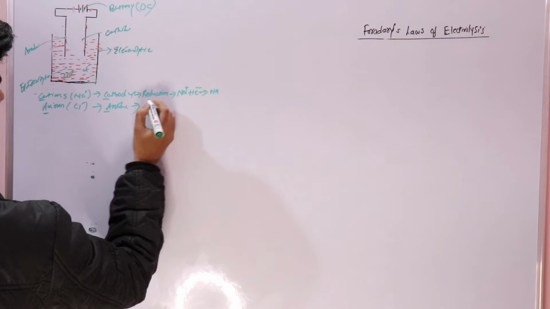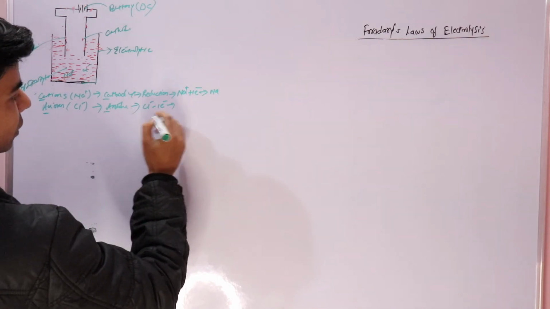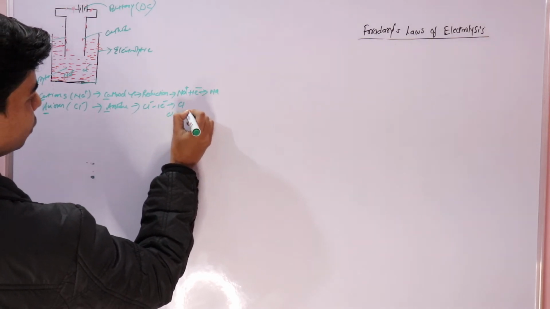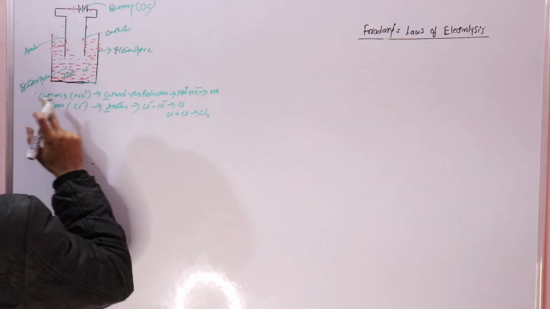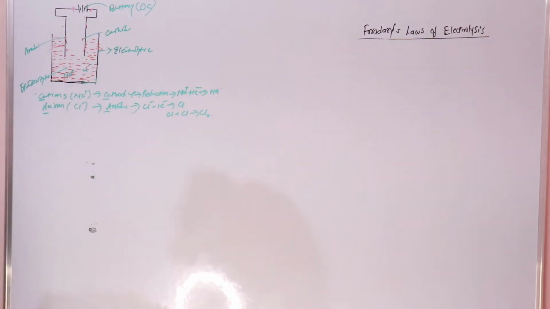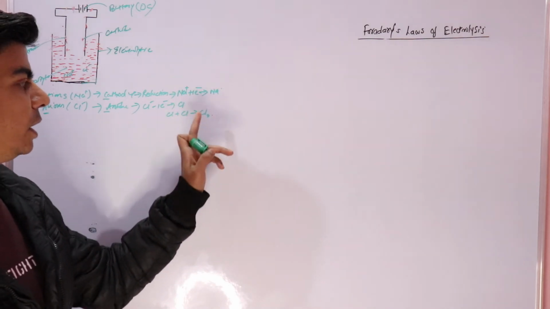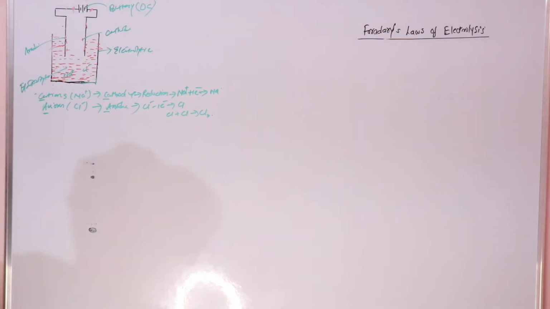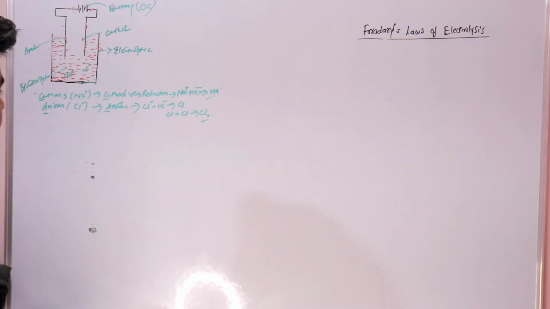Similarly, when chloride ion migrates to the anode, it will lose an electron, that is, it will get oxidized and form a chlorine atom. Two chlorine atoms will form chlorine gas. So the two products of electrolysis are sodium and chlorine, obtained at the cathode and anode.